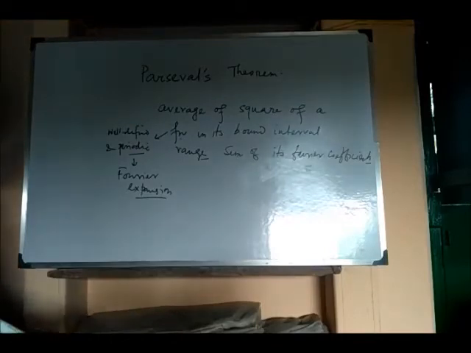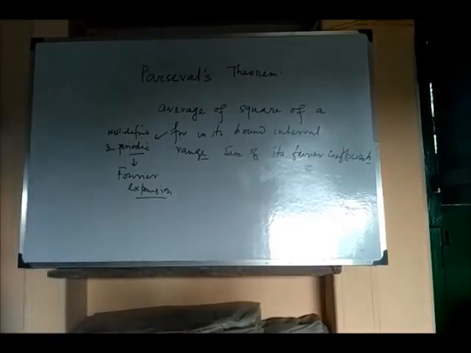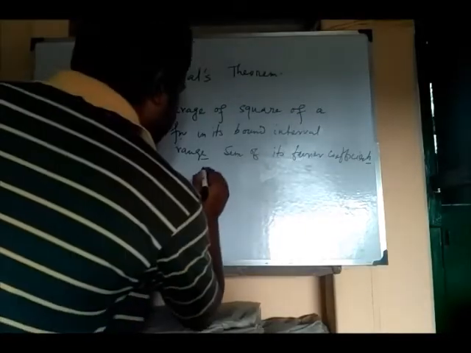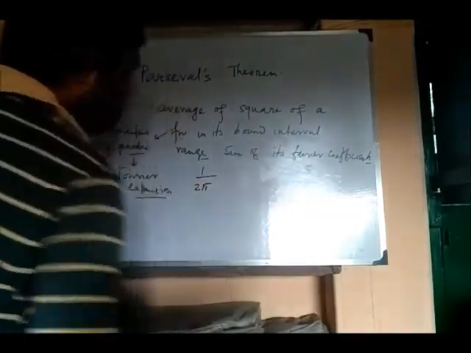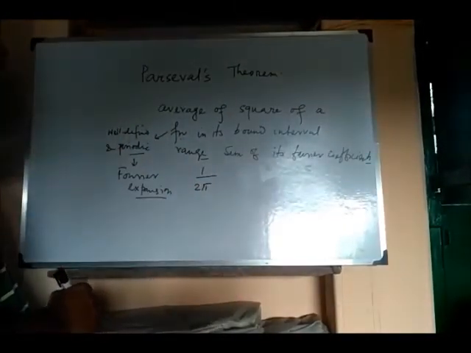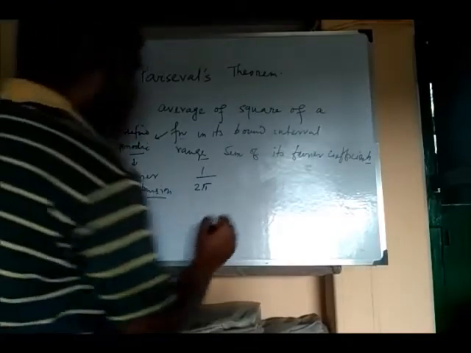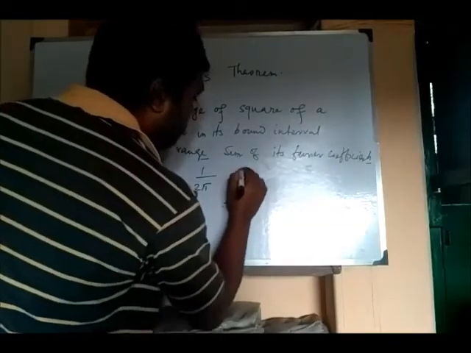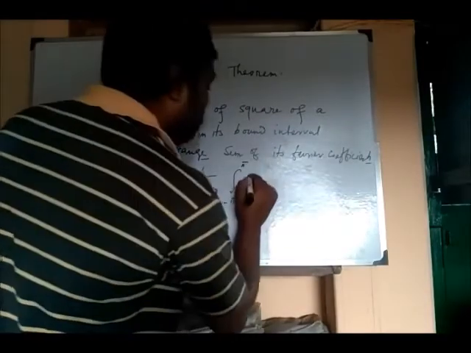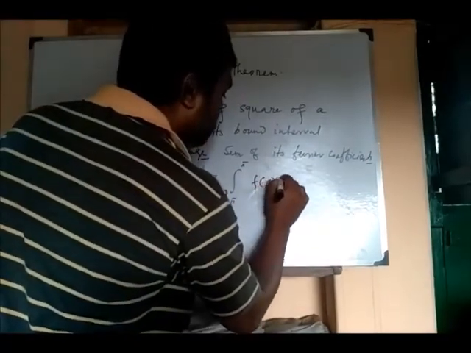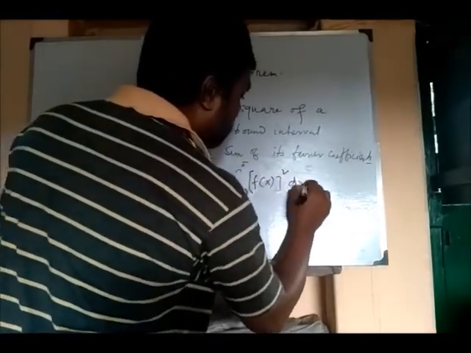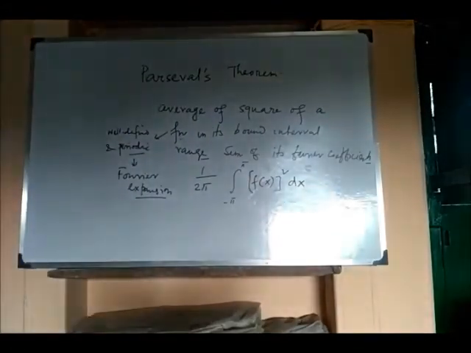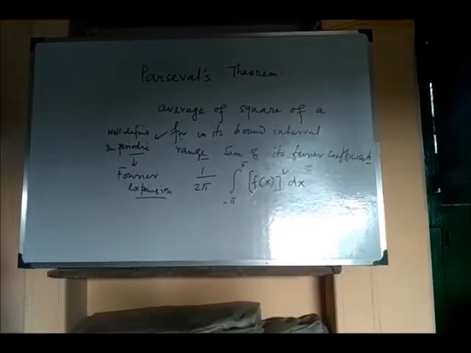So I can write here 1 upon twice pi, because this function is within the range minus pi to plus pi, integration from minus pi to plus pi of f(x) square dx.